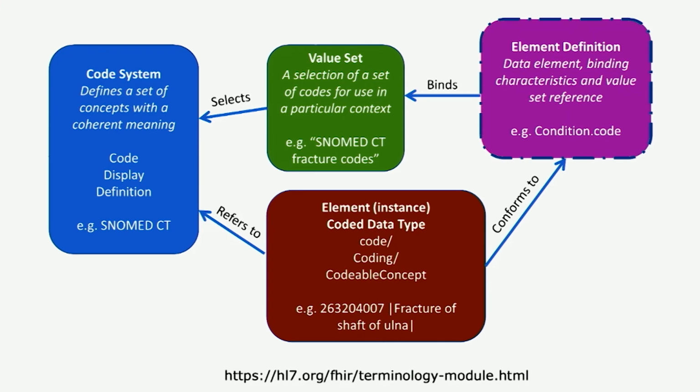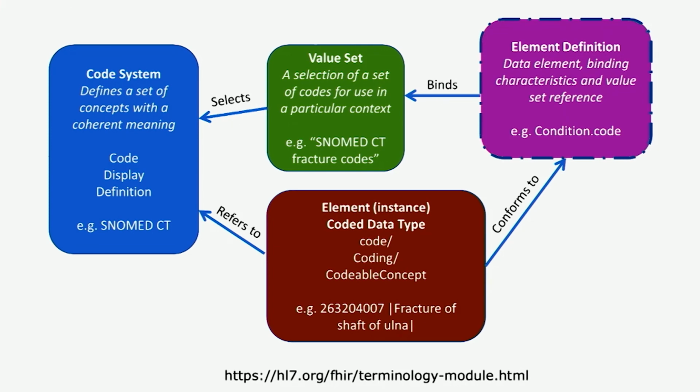Then when you have an instance of that particular element, a value in it, you can validate against the FHIR terminology server whether it is a valid code that can be used for that element, if it conforms with the vocabulary terminology binding of that particular element.